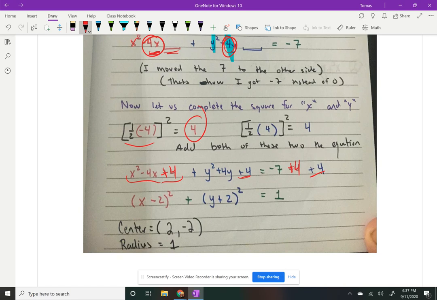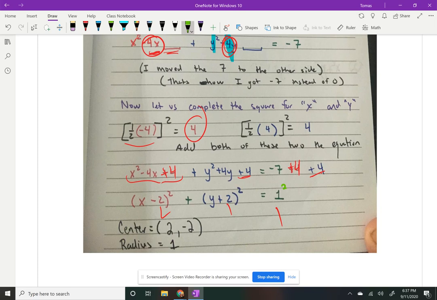So now it's visually appealing that I know what my center is. I can see it right there. I know my radius. It's right there. Actually, I forgot something. This should have a 2, right? Oh, wait.